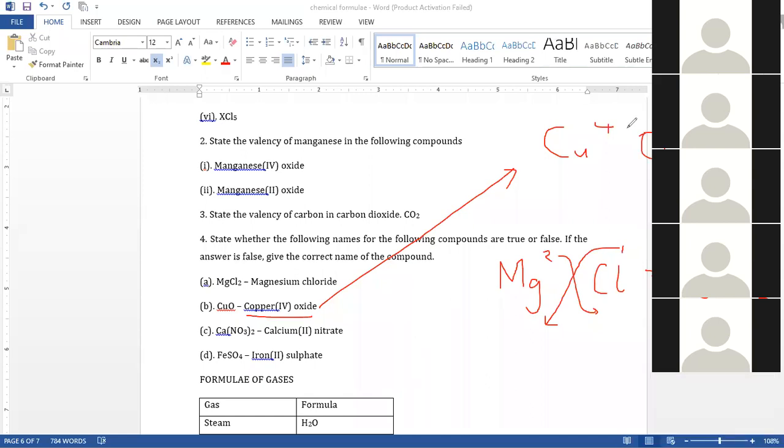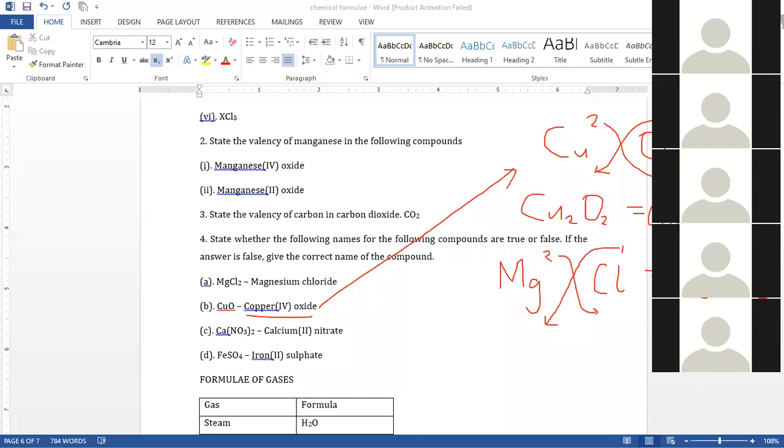Perfect. So if we had copper 2 oxide, I'm going to write what I've understood, then you tell me if it is correct. You're trying to mean that if it was copper 2, the valency of copper would be 2, the valency of oxygen would be 2, then you interchange them to give us Cu2O2, then you get the simplest ratio, which would give you copper 2 oxide.